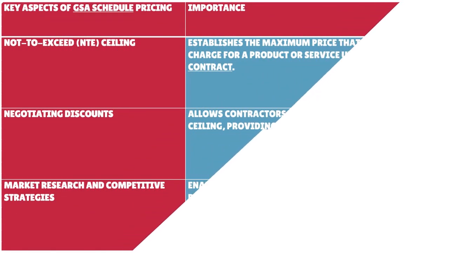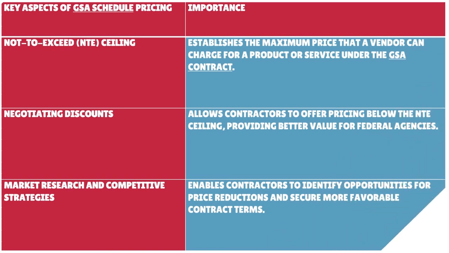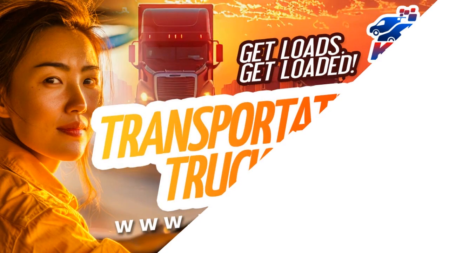I'm showing you on the screen a quick table that explains this further: the key aspects of GSA schedule pricing, the not-to-exceed ceiling, the possibility to negotiate discounts, and increasing your competitive advantage by doing market research and employing competitive strategies.